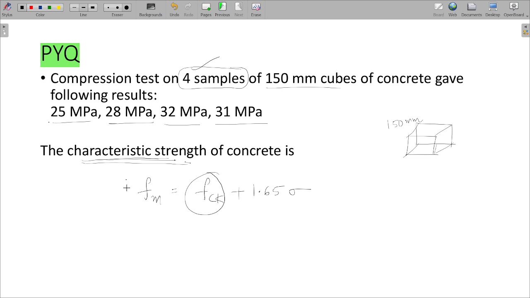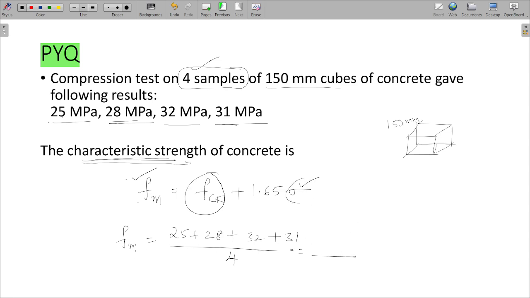So for finding Fck, we first have to determine Fm and sigma. Fm is the mean, the target average. Fm is the average of the compressive strengths of the samples given. So 25 plus 28 plus 32 plus 31 by 4. Whatever value comes, it is Fm.